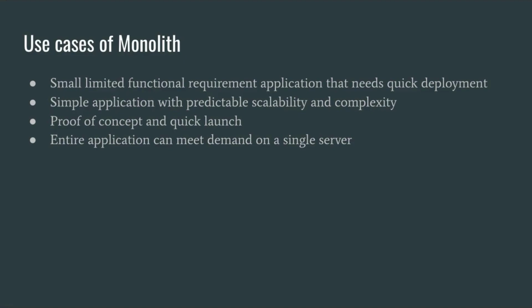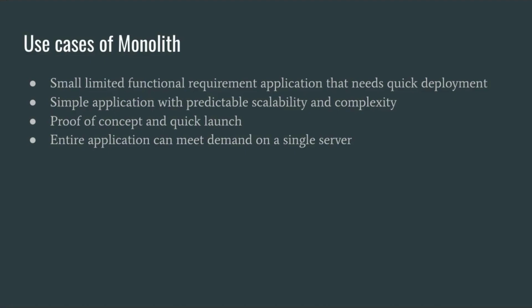And then simple applications with predictable scalability and complexity, so there's no massive rollout that would happen on this application. It's much more targeted, or for small users within the company or a small company, then you would use such an architecture as well. And then proof of concept and quick launch.